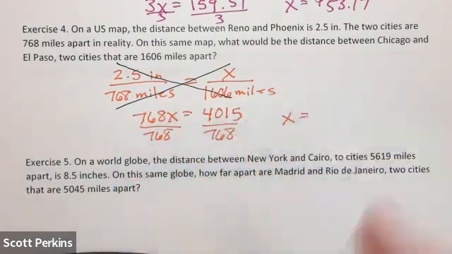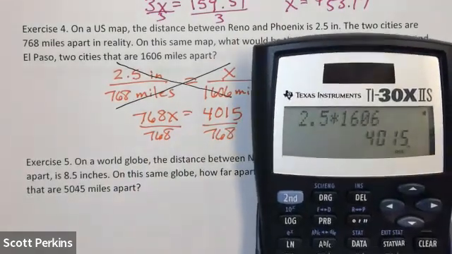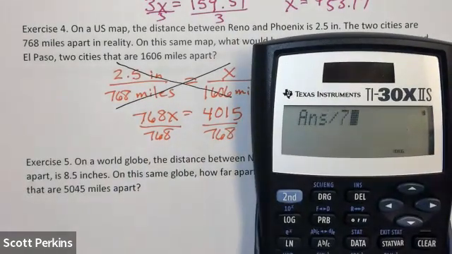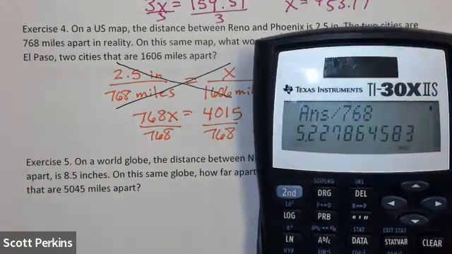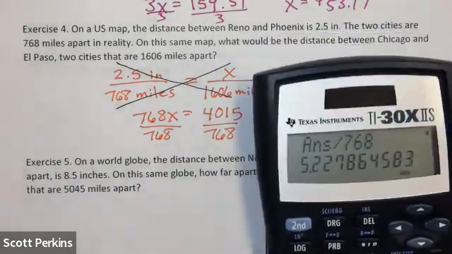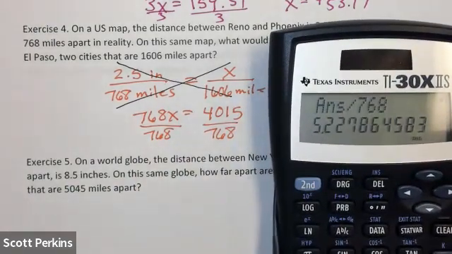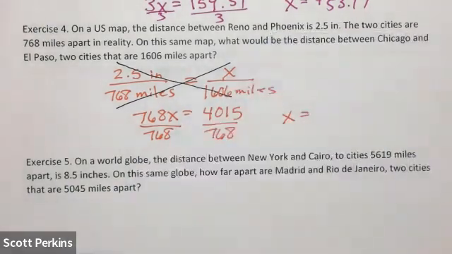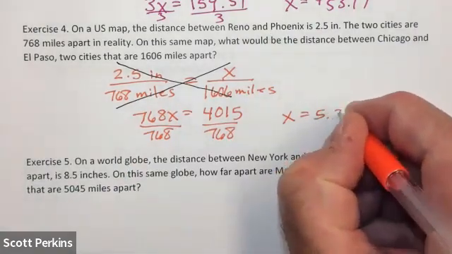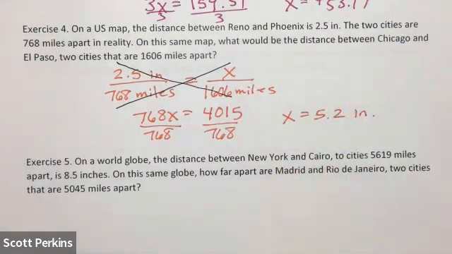And we get that X, this map distance that I'm looking for, is 4,015 divided by 768. And boom, it's going to be 5.2 something. We're just going to round to 1 decimal place because that's what the other map distance was. So it's going to be 5.2 inches when I round appropriately. 5.2 inches.